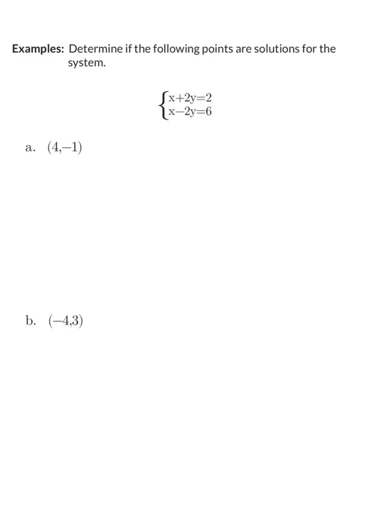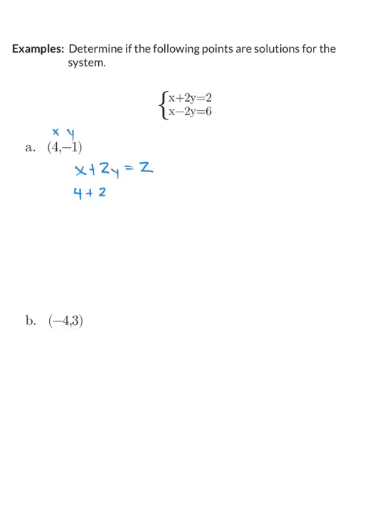So what we have here is x is 4 and y is -1. In my first equation, we have x plus 2y equals 2. I'm going to plug in the numbers. For x, I'm going to replace it with 4.